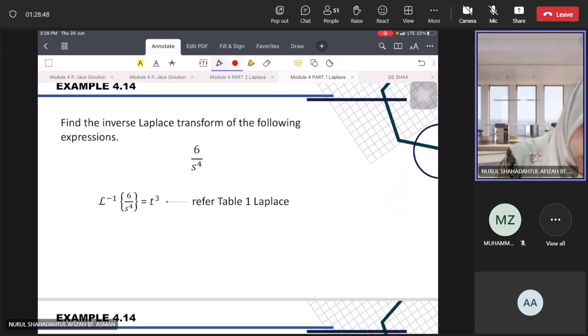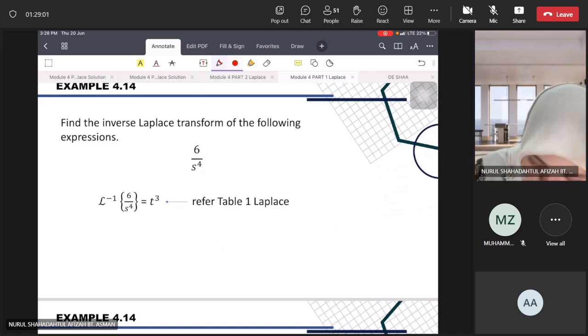So next example is to find the inverse Laplace transform for the following expression. So the inverse Laplace of 6 over S to the power of 4. Okay, 6.